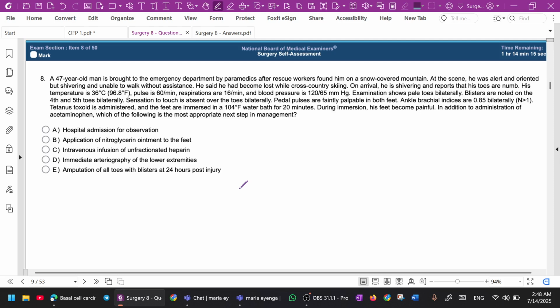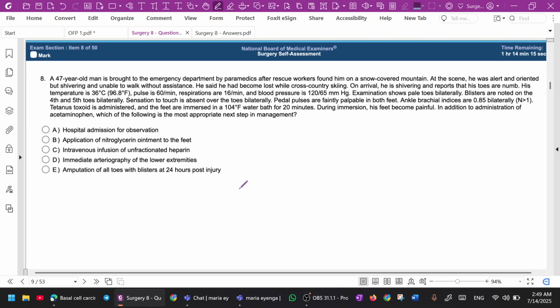A 47-year-old man is brought to the emergency department by paramedics after rescue workers found him on a snow-covered mountain. At the scene, he was alert and oriented but shivering and unable to walk without assistance.